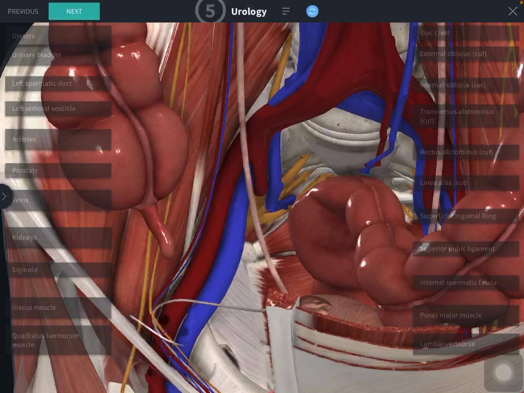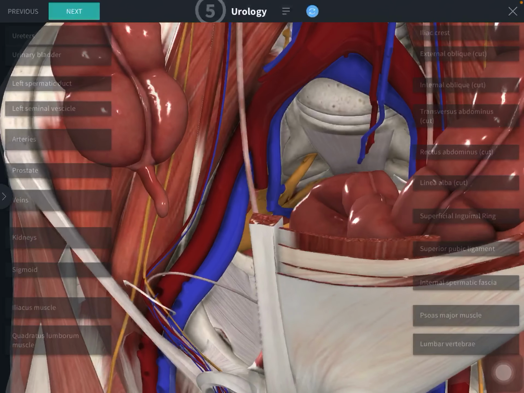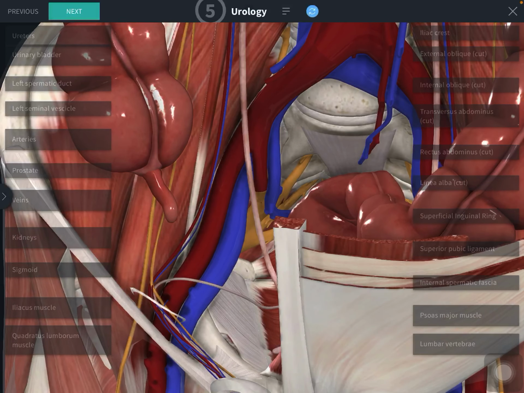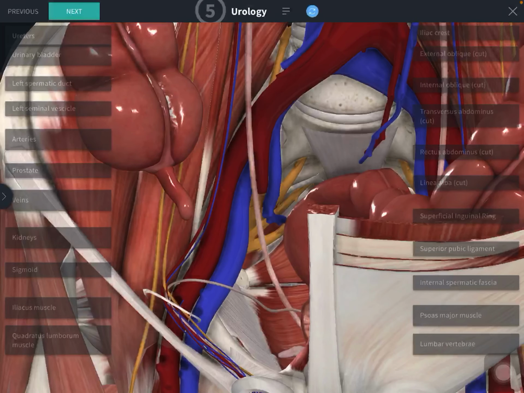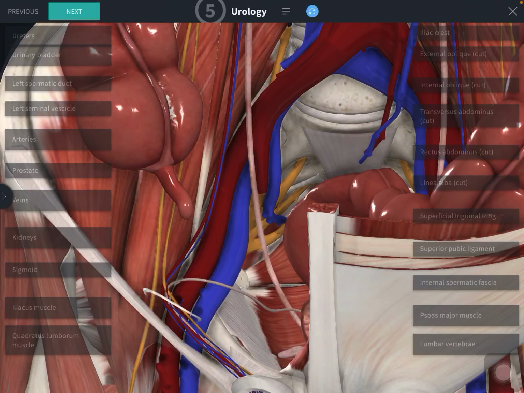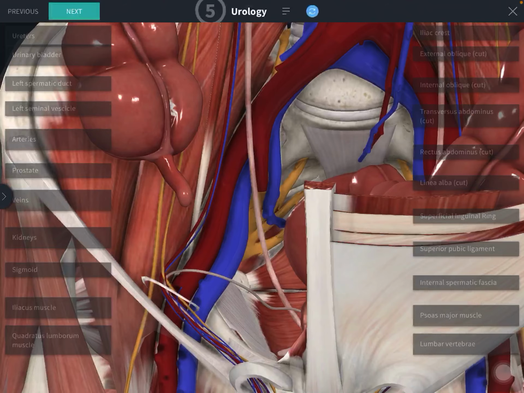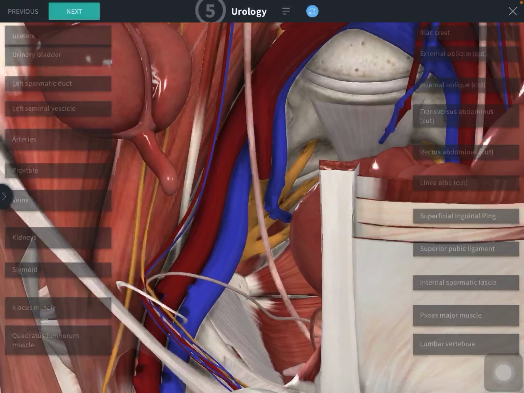Behind, you can see internal iliac artery and internal iliac vein, which are here divided. So they will be the behind relations: internal iliac artery, internal iliac vein, lumbosacral trunk, and sacroiliac joint. So the behind relations are very nicely seen in this vertical part.